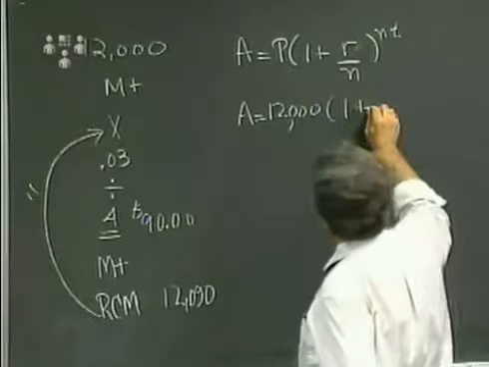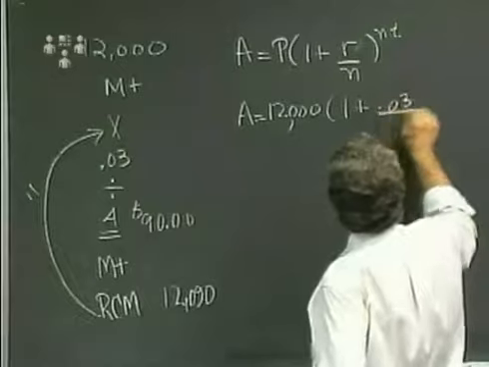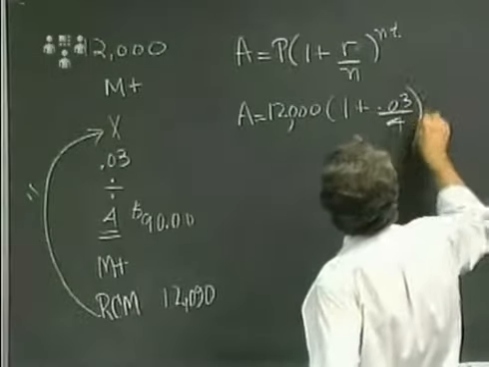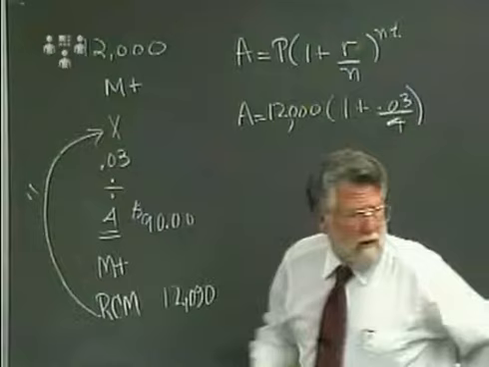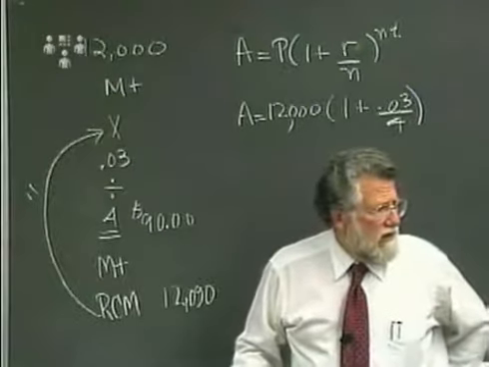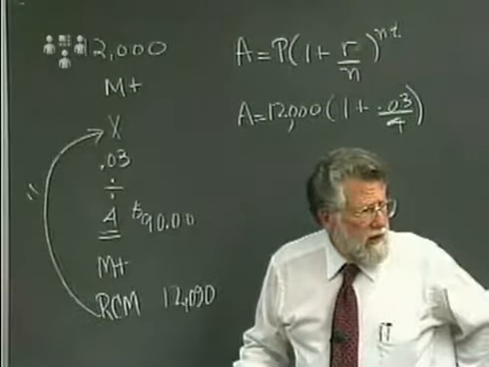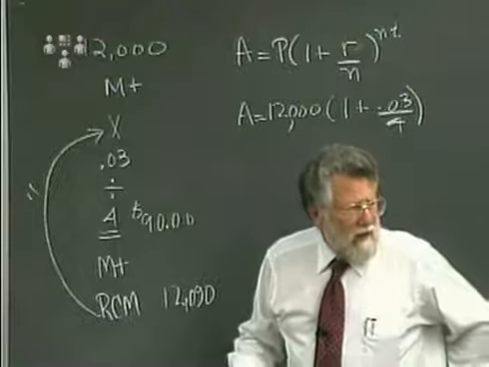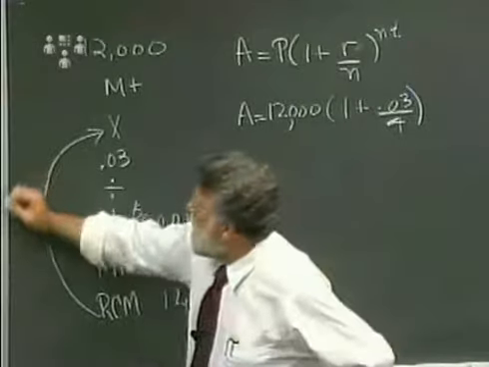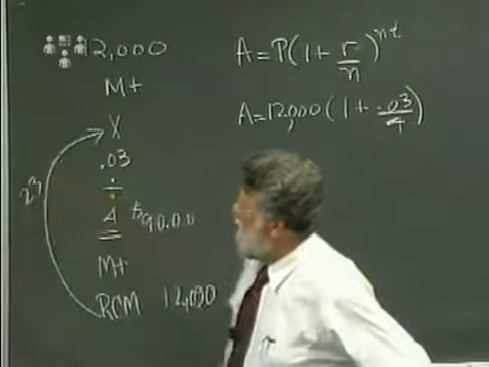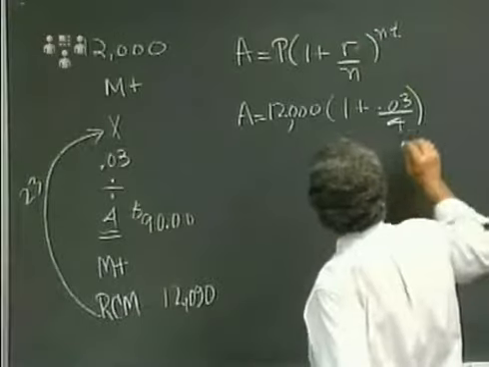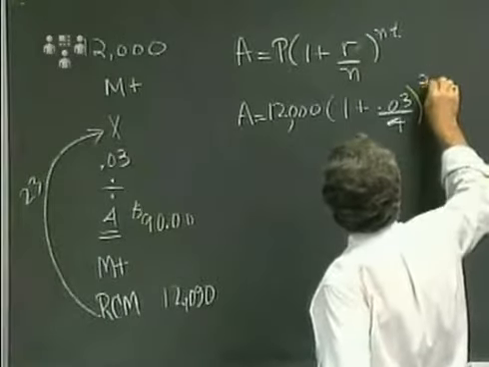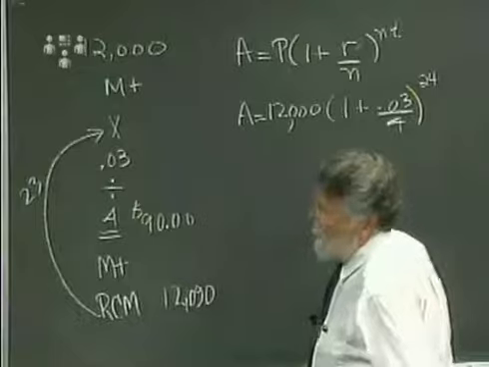I have a 1 plus, and then it was a 0.03 over 4, and I had this for 6 years. Oh, that's my error. Ouch. 24 times, so you had to do 23 more times. Sorry about that. Small glitch there. So this is 24 times.